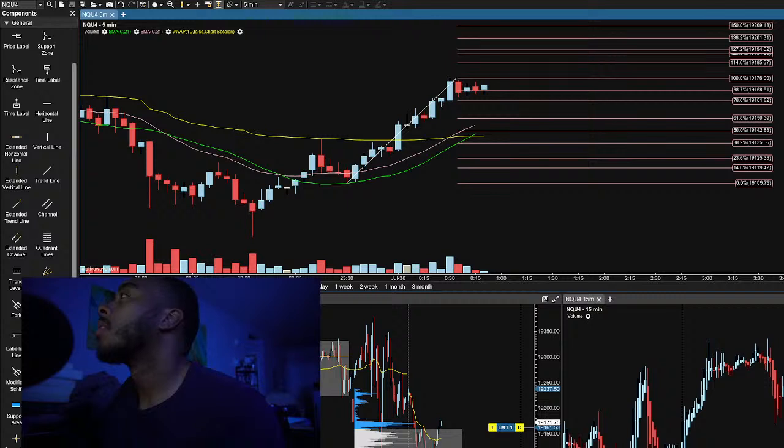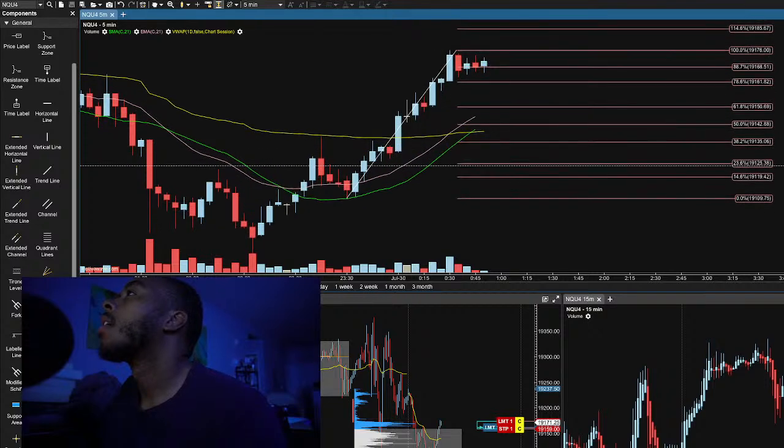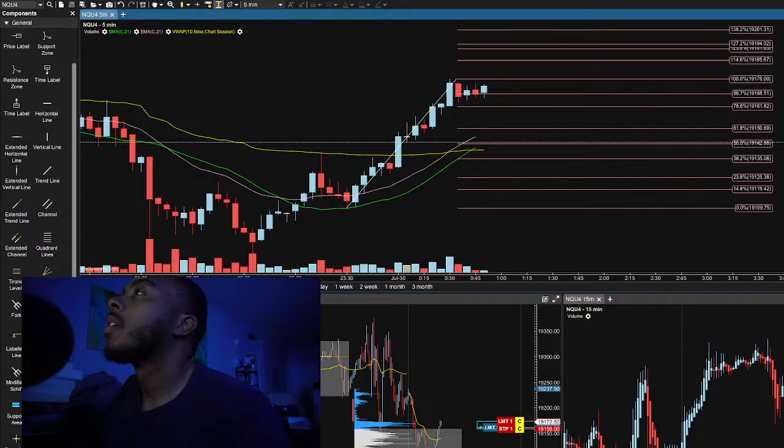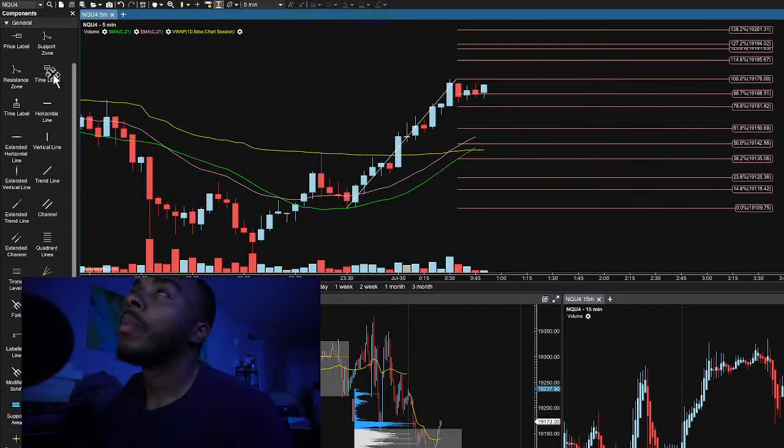Yeah, I knew he was gonna do that. Stop limit at 59. That's fine. 76. Yeah, it's trading sideways. I'm not even gonna waste it. Don't even worry about it.